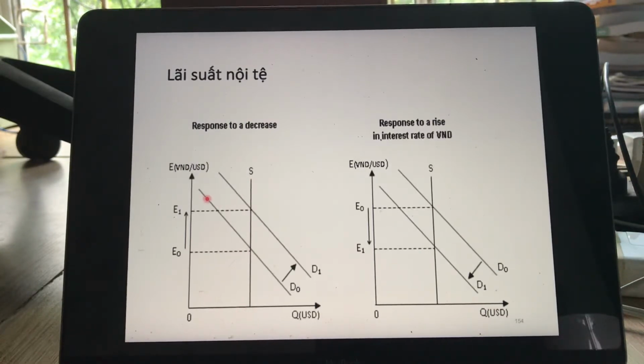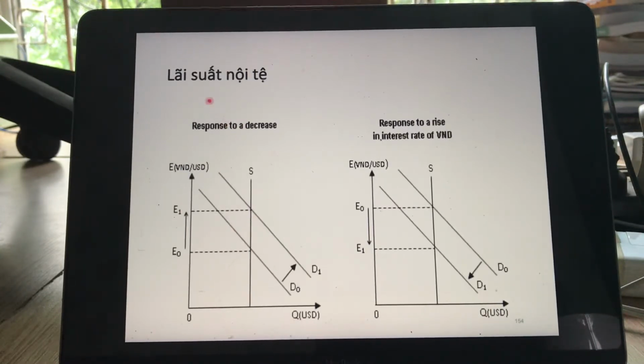For the demand curve, here is the demand of the foreign assets. In other words, the assets denominated in the foreign currency, USD for example, and this asset is demanded by the Vietnamese people. Okay.